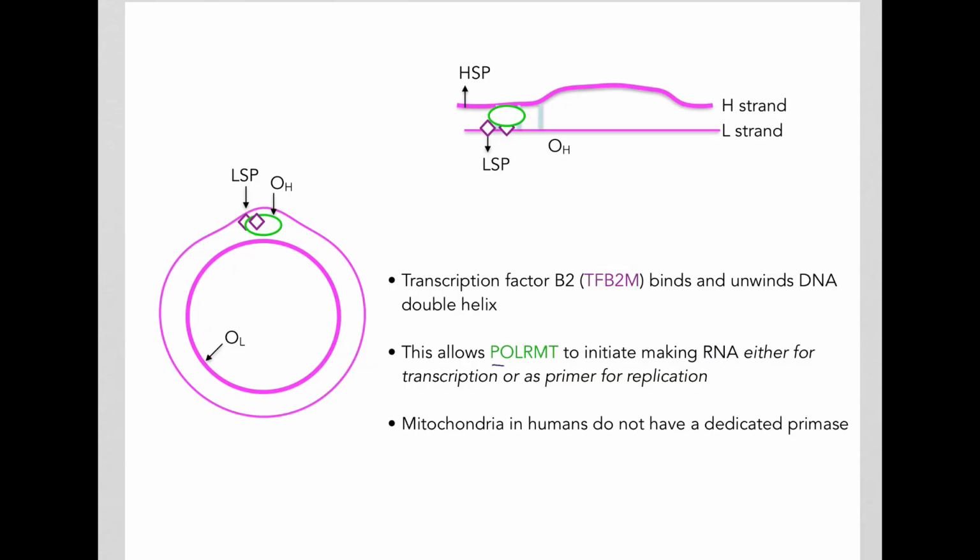So this POLRMT is used for replication as well as transcription. Mitochondria in humans do not have a dedicated primase that is used for replication. This is used for both transcription as well as replication.